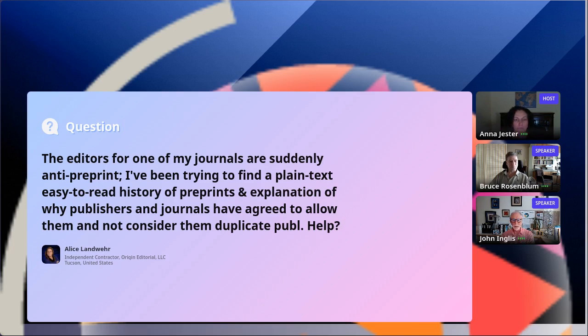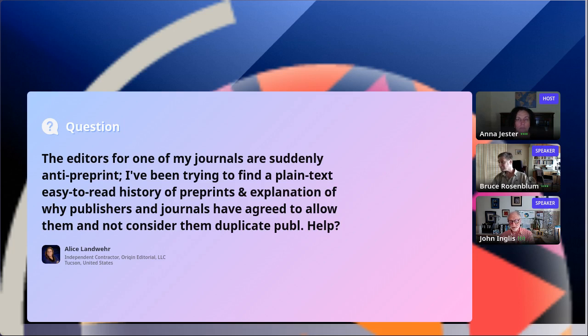Anna, maybe I could just say to Alice that I'm not entirely sure from the question whether her editors were previously pro preprints and are now anti, or whether they just haven't quite got up to speed with what they mean.